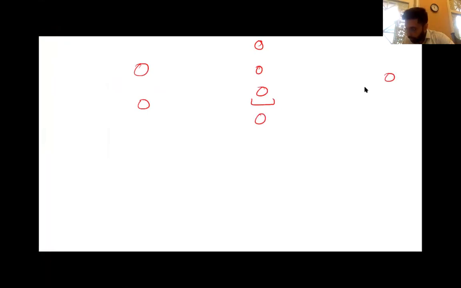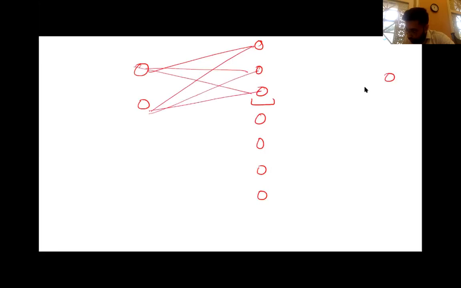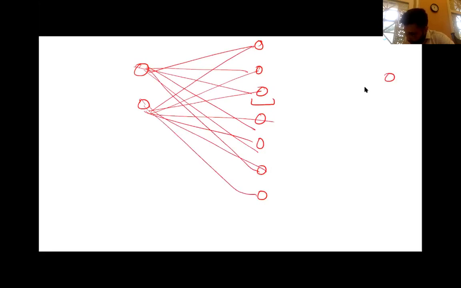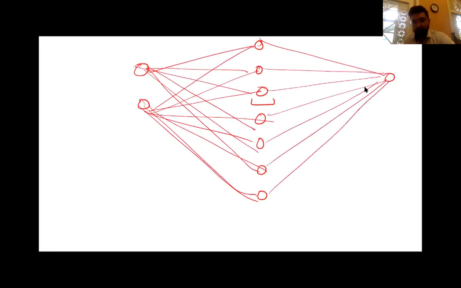I can have 3, I can have 4, 5, 6, 7, 8, whatever I choose. And then my architecture would be tailored accordingly. For example, in this case, if I choose 1, 2, 3, 4, 5, 6, 7, then my architecture is like this. And here is the output.